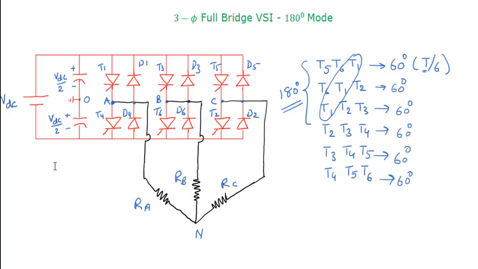So that means pole voltage A, that is VAO, the difference between these two. Likewise pole voltage B between this one and this one, and pole voltage C between C and O.